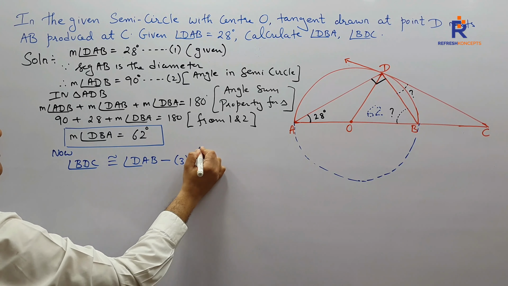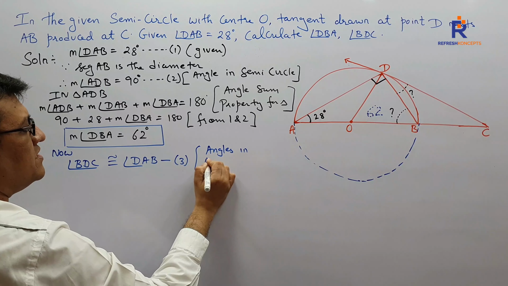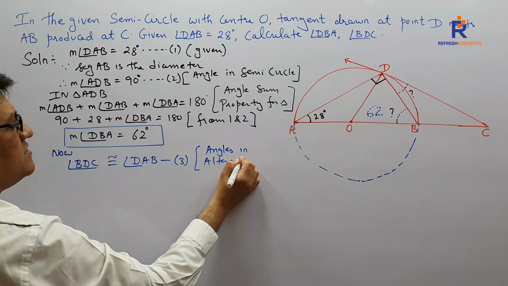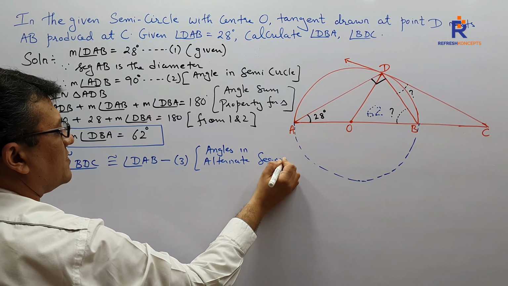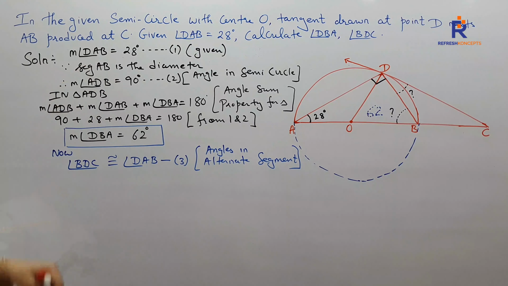Equation number 3. Reason, angles in alternate segment. We already have DAB 28.